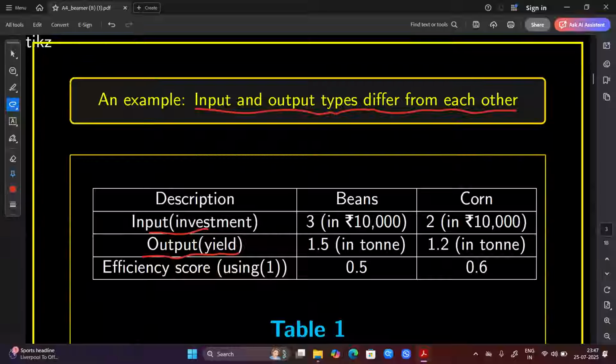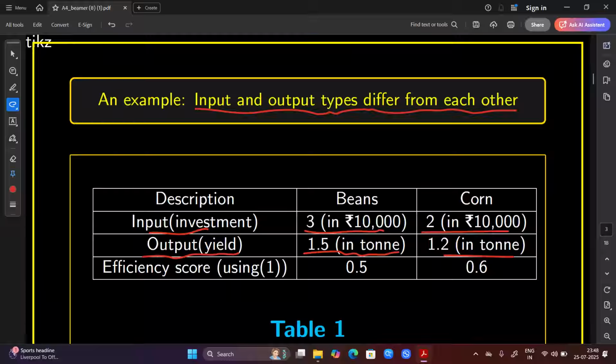You can see here, the input for beans is 3 units, the type is currency, and for corn the type is also currency and the unit is also the same. If you come to the output, for beans it is 1.5 in ton, that is quantity, and 1.2 in ton, this is also quantity.